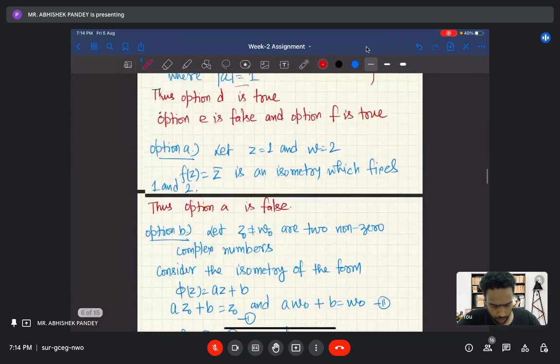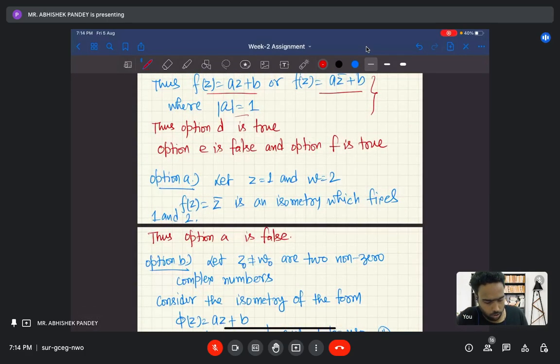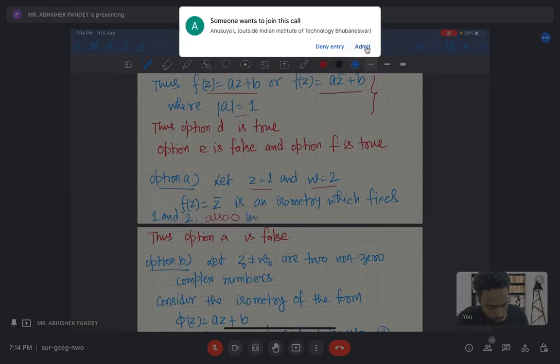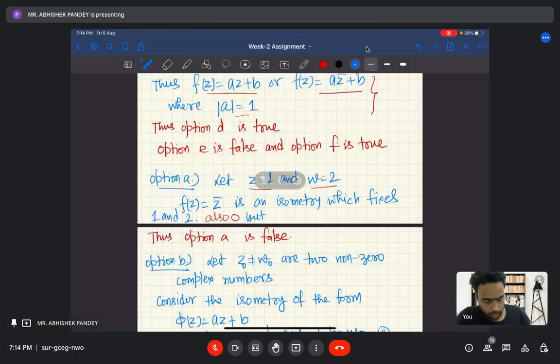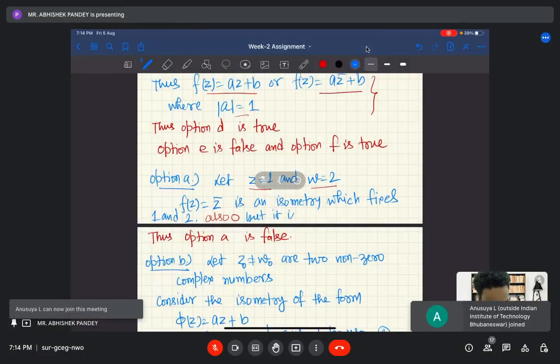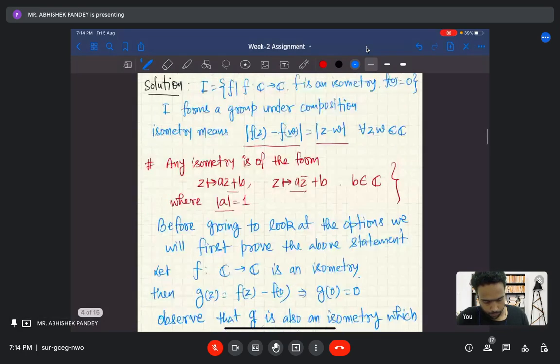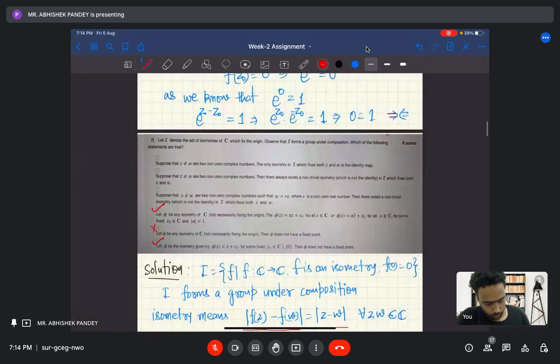Here I have given the example: let z equals 1 and w equals 2. So f(z) equals z bar is an isometry which fixes 1 and 2, also 0, but it is not the identity. So option A is not true.